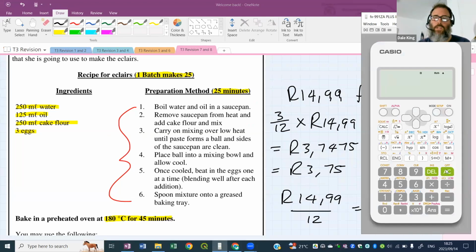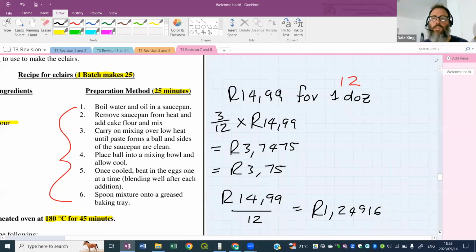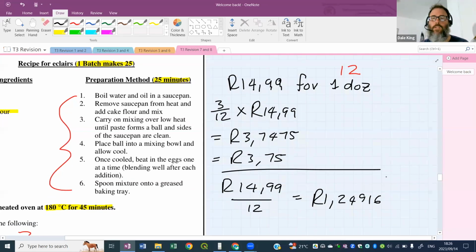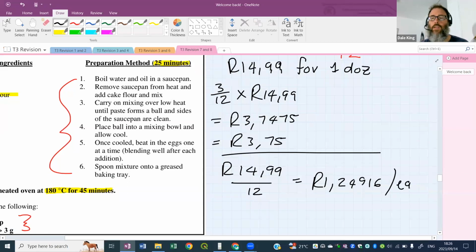So if we say $14.99 divided by 12, that gives us, look at the decimal number, 1.24916. I'm writing a few decimals here to keep accuracy. This is the second method. If that's for 1 egg, this is per egg, then how much for 3 eggs?